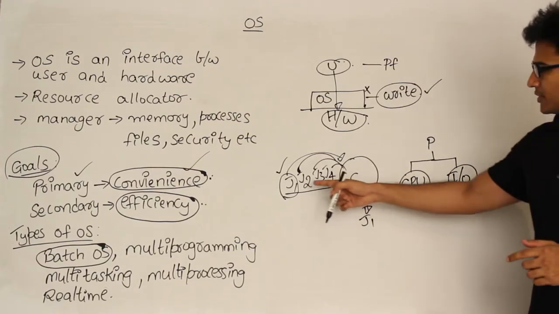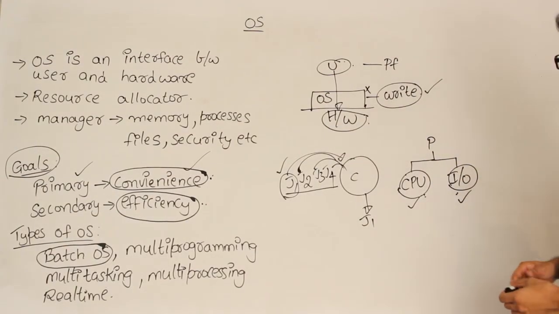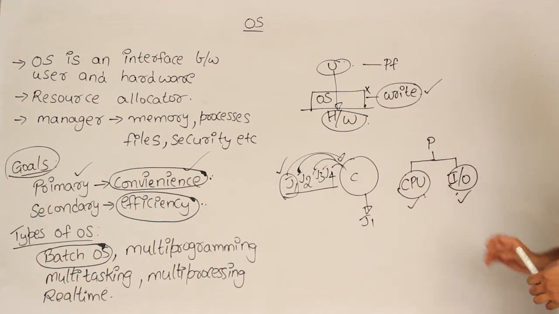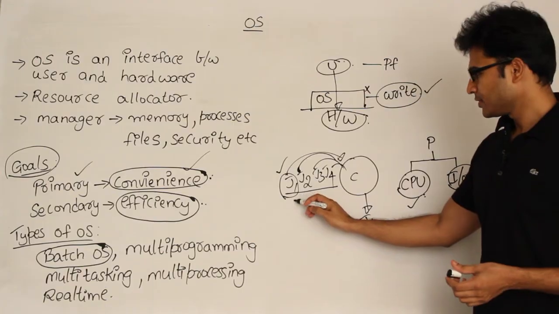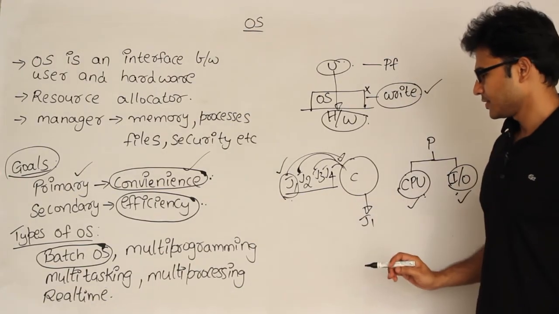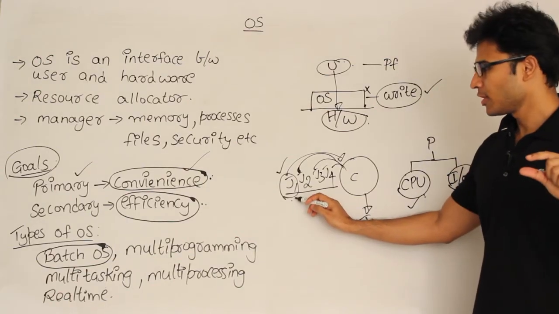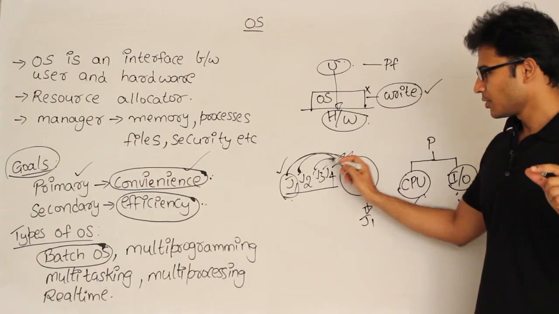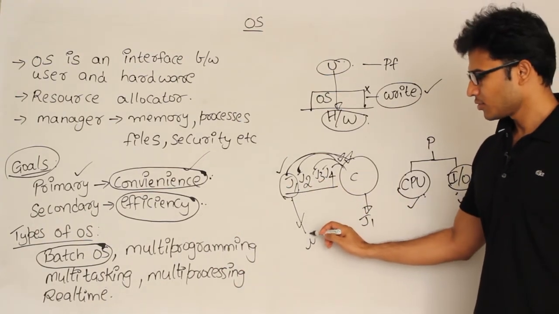Now if a process requires less CPU time and more IO time, then what happens is the CPU will be executing this job J1. Let us say job J1 is the first process, which requires only a little amount of CPU time and more IO time. Then the CPU will take this job J1 for some time, and after that it will push it to the IO device. Fine.